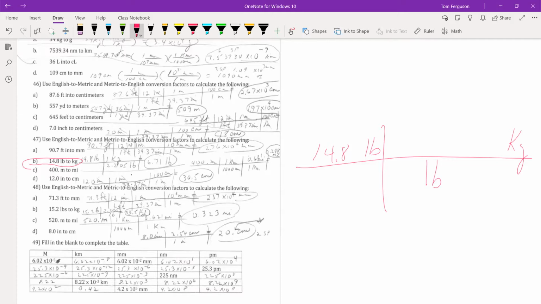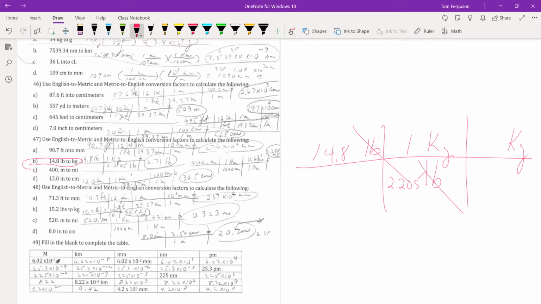I can't remember, but we do. 2.2 kilograms is a pound. Yeah, so right away our pounds cancel.